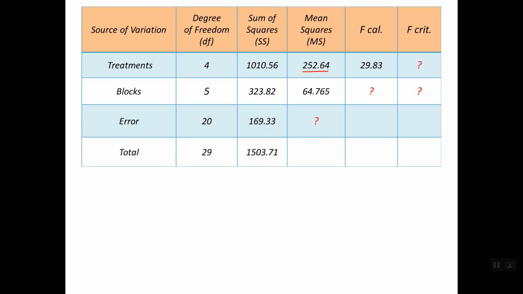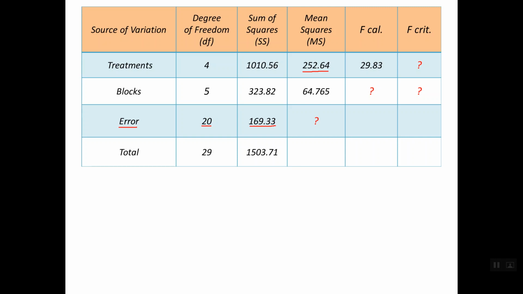So this is the value of the MS for the treatments. The same way regarding the error, the degree of freedom and the SS for the error are already known.